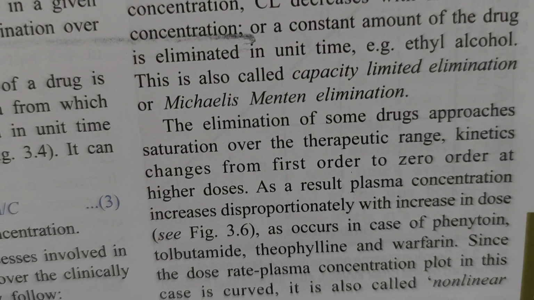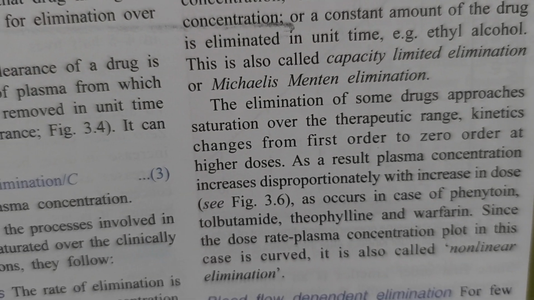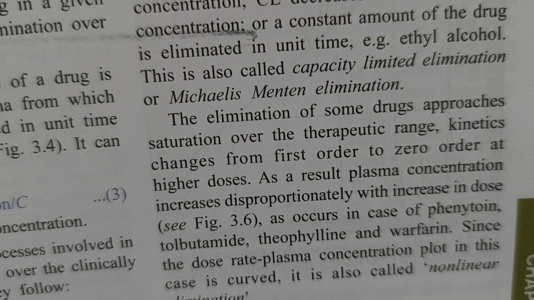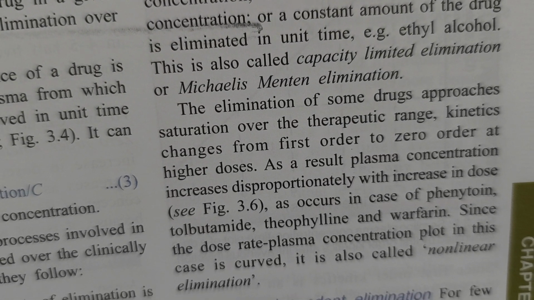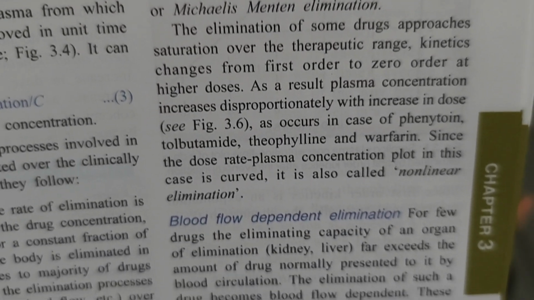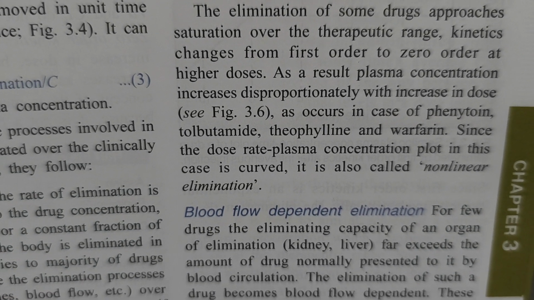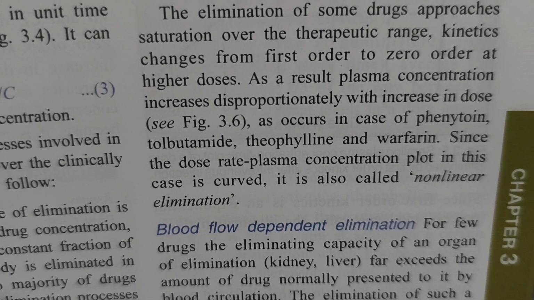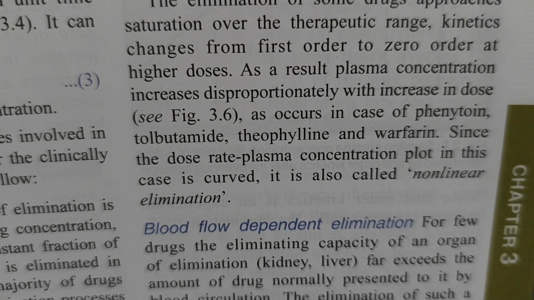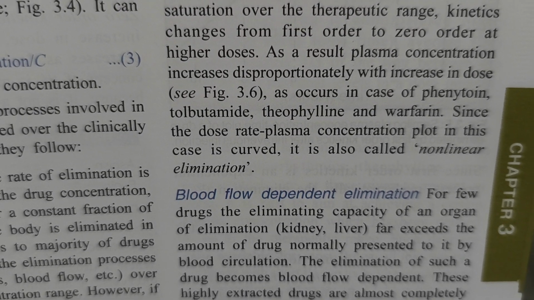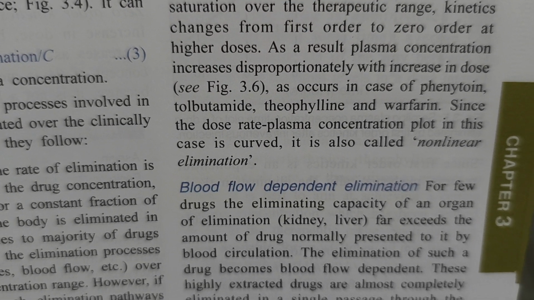For example, ethyl alcohol. This is called capacity limited elimination or Michaelis-Menten elimination. The elimination of some drugs approaches saturation over the therapeutic range. Kinetics changes from first order to zero order at higher doses.